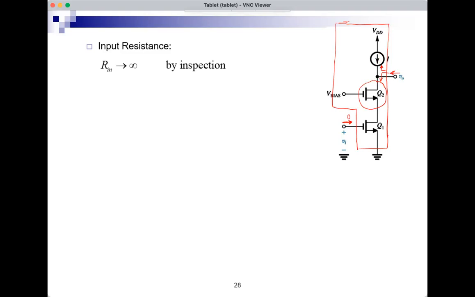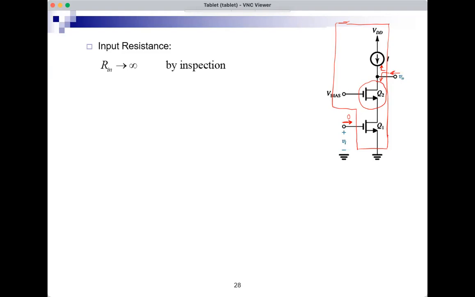I'm looking into the drain of a MOSFET. I remember that I had a rule that says if you're looking into the drain of a MOSFET and there is a resistance RS between the source of the MOSFET and ground, then you see an RXY, which is this resistance between source and ground plus small RO for the MOSFET plus GM RS RO.